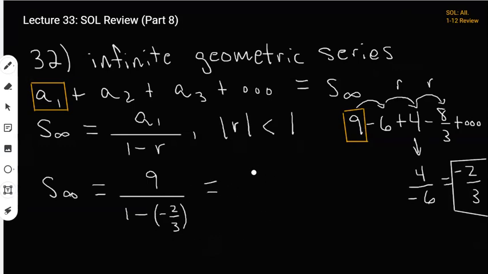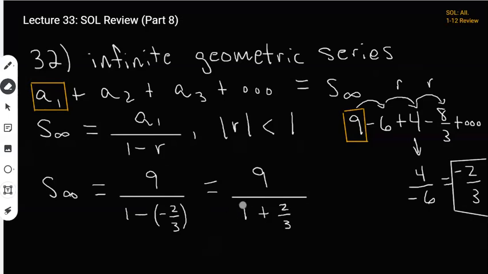So 9 is on top. On the bottom, I have a double negative, and a double negative is the same thing as a positive, right? So I can do 1 plus 2/3. Now, if I'm adding 1 and 2/3, I can rewrite the 1 as 3/3.